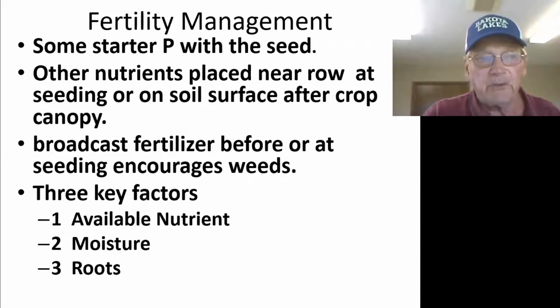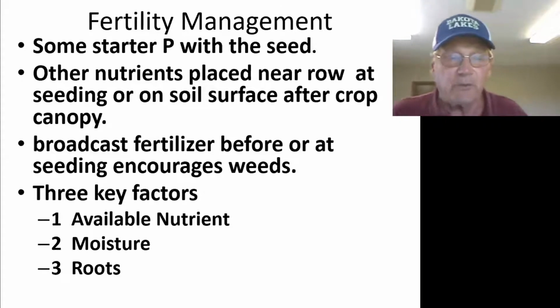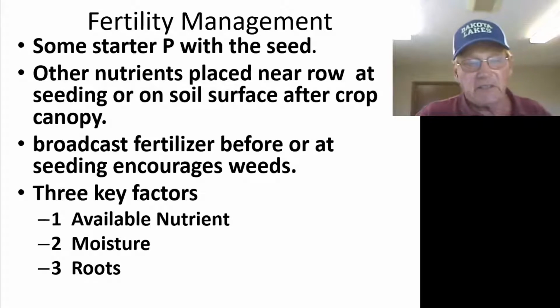Basically, in our fertility management, we put some starter P with the seed because you do have to maintain a certain amount if you're going to export and sell your grain. Other nutrients are placed near the row at seeding or on the soil surface after canopy. If we broadcast the fertilizer before or at seeding, it just encourages weeds.